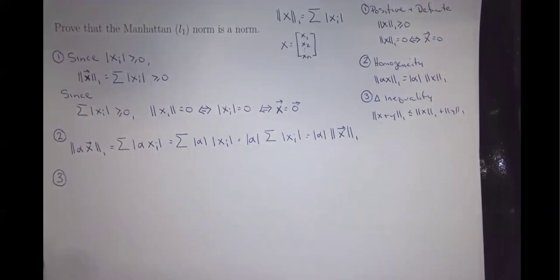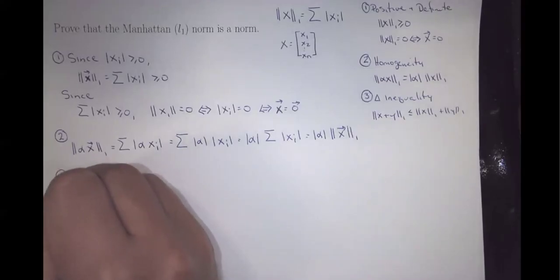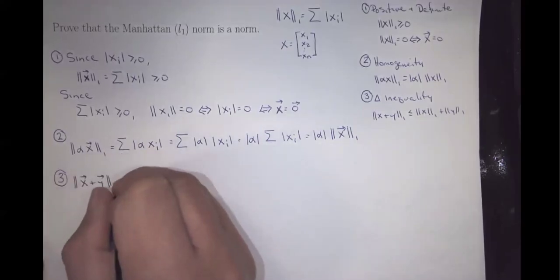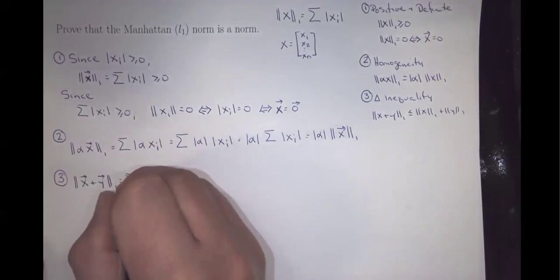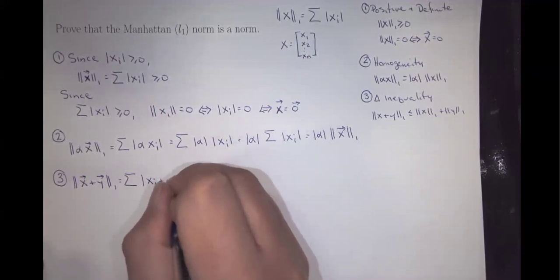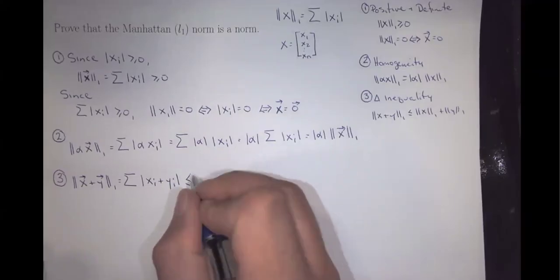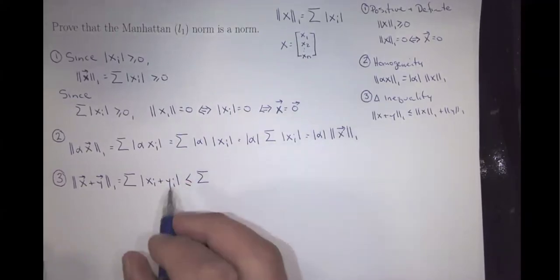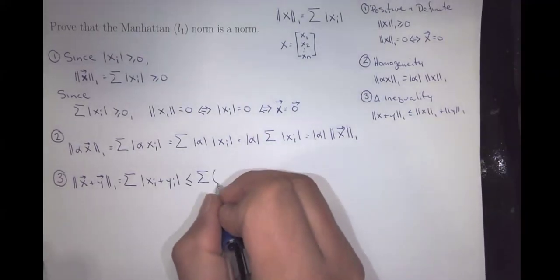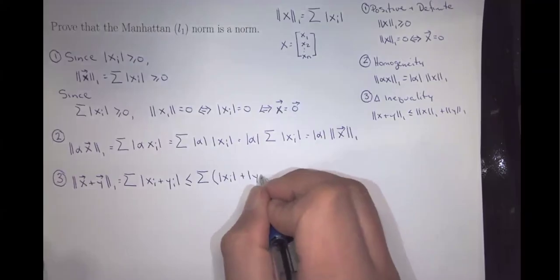And finally, the triangle inequality. Well, if we take vectors x and y, the one norm of x plus y is equal to the sum of the absolute value of xi plus yi. So each component added up. Now that, by the triangle inequality for numbers, is less than or equal to the absolute value of xi plus the absolute value of yi.